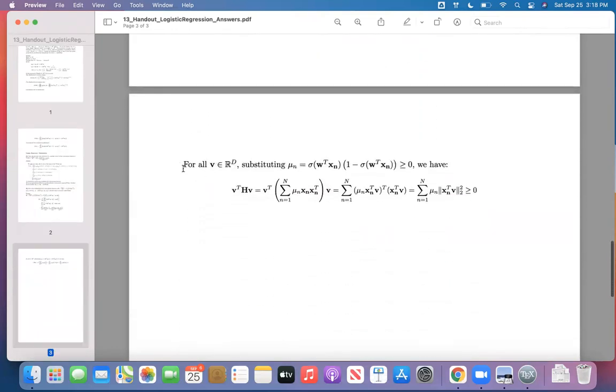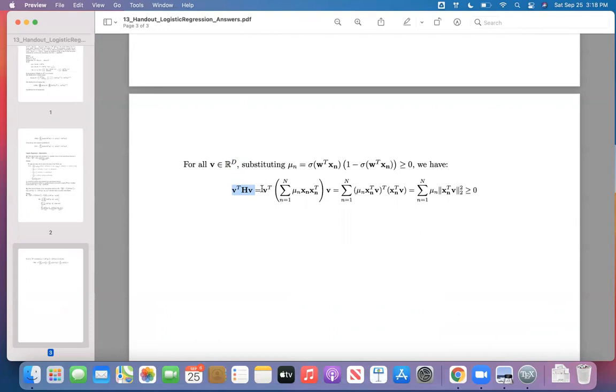In order to do that, we can use the theorem that we had described in one of our previous classes. So in order to show that any matrix is positive semi-definite, we need for all vectors v that have the same dimension as one of the two dimensions of the matrix, we need this expression to be greater or equal to 0.